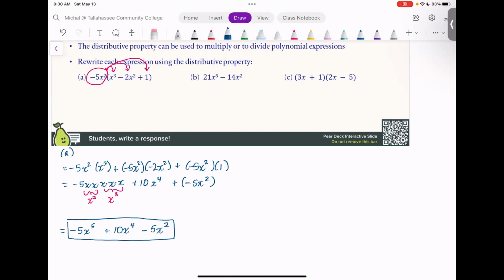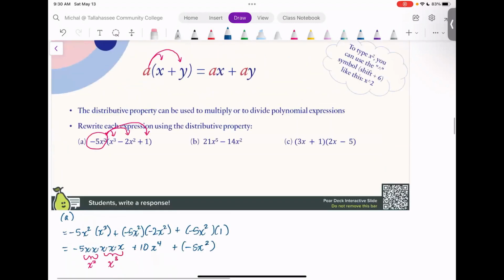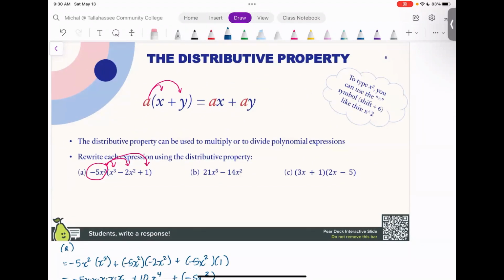For part B, notice that I do not have a grouping symbol. The distributive property works in two different directions. I can start with a product of a number and a sum, or I can reverse the distributive property and identify exactly which terms have been multiplied by each term that would have originally been in the group.